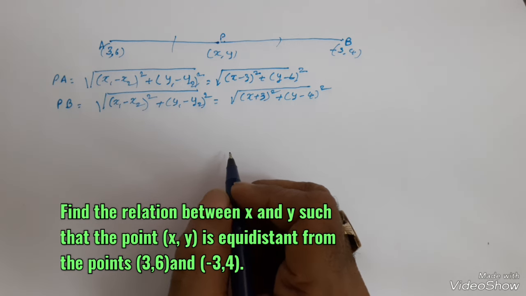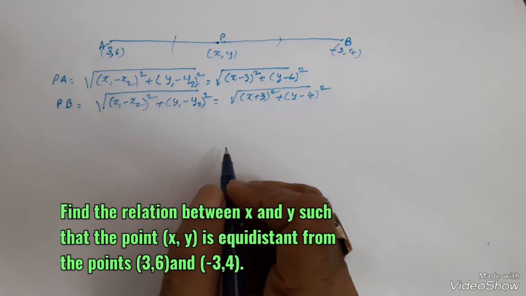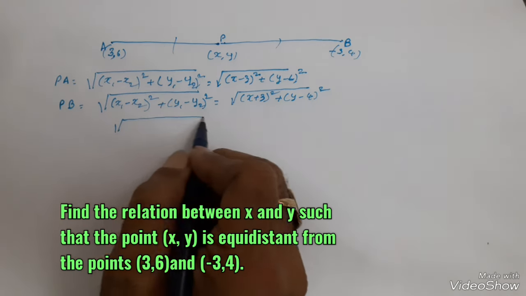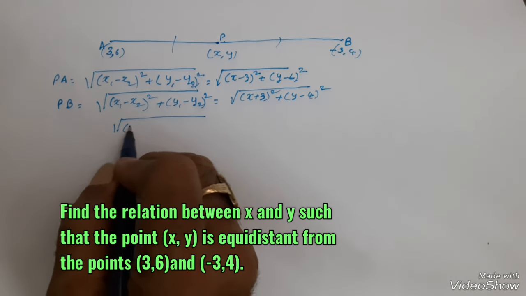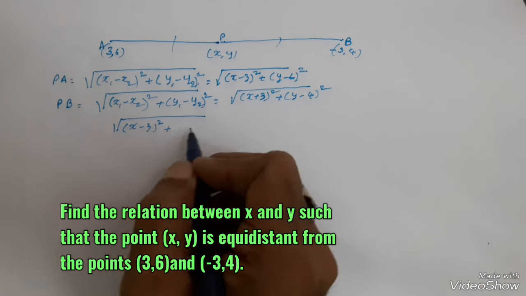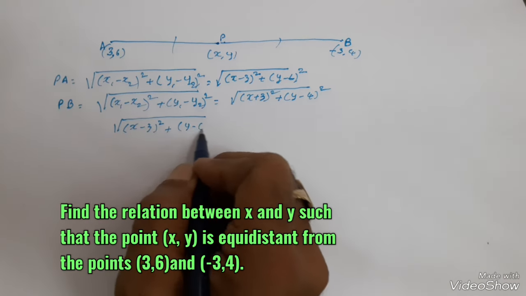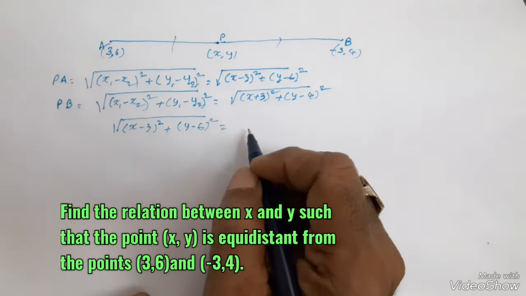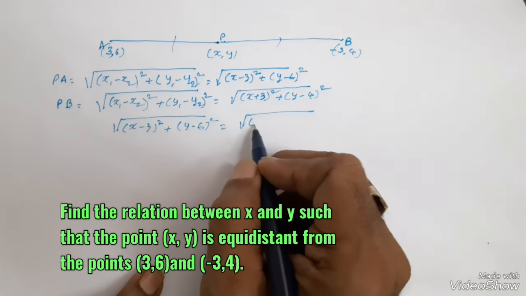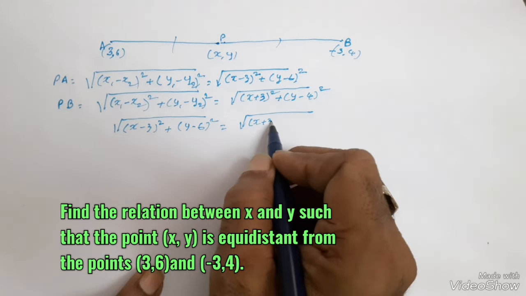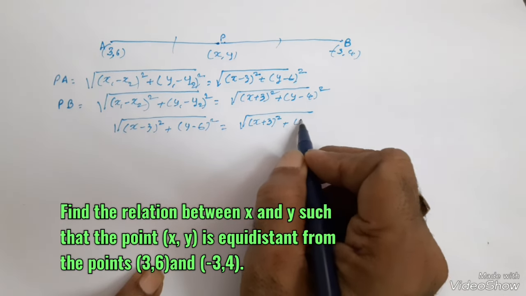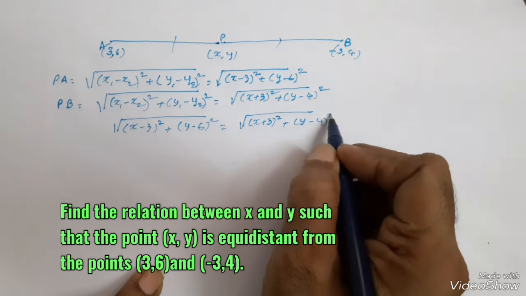As given in the problem, both are equal, PA equals PB. So you can write the square root of (x minus 3) whole square plus (y minus 6) whole square equals the square root of (x plus 3) whole square plus (y minus 4) whole square.